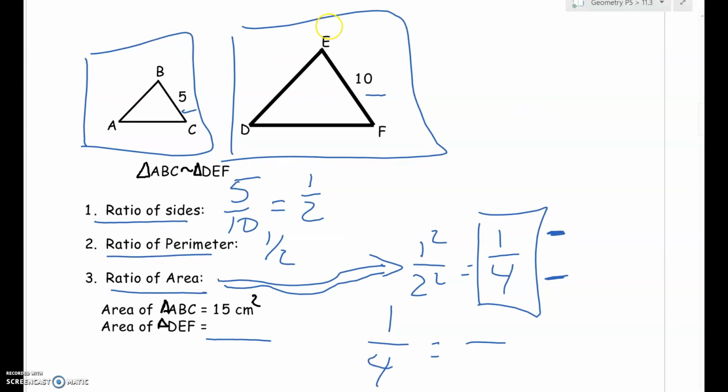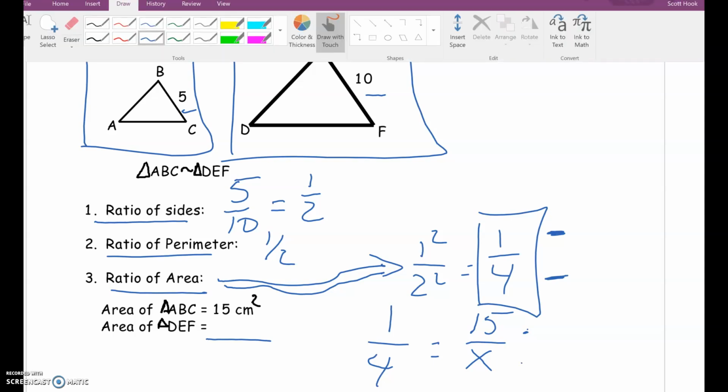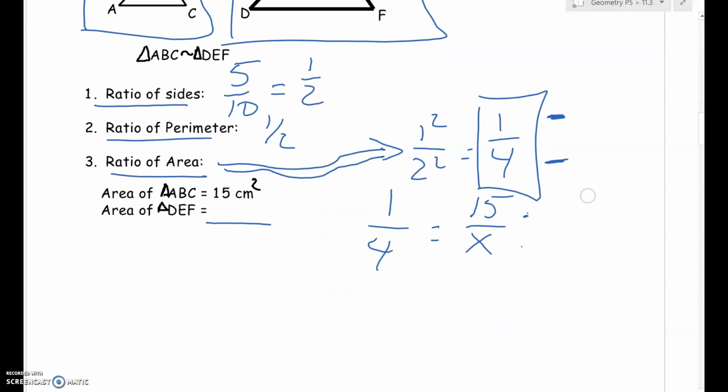Sorry, I have to fix some things. So this should be the small triangle up here, and then this is the big triangle. Okay, so which one's the small, ABC or DEF? Well, ABC, so that one should go here, and this will be our X. If we cross multiply, we get 1x equals 60, or x is 60.